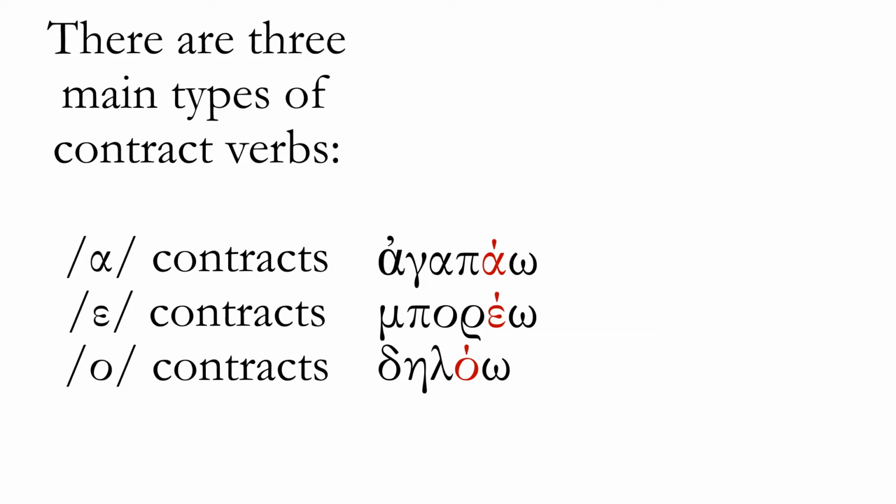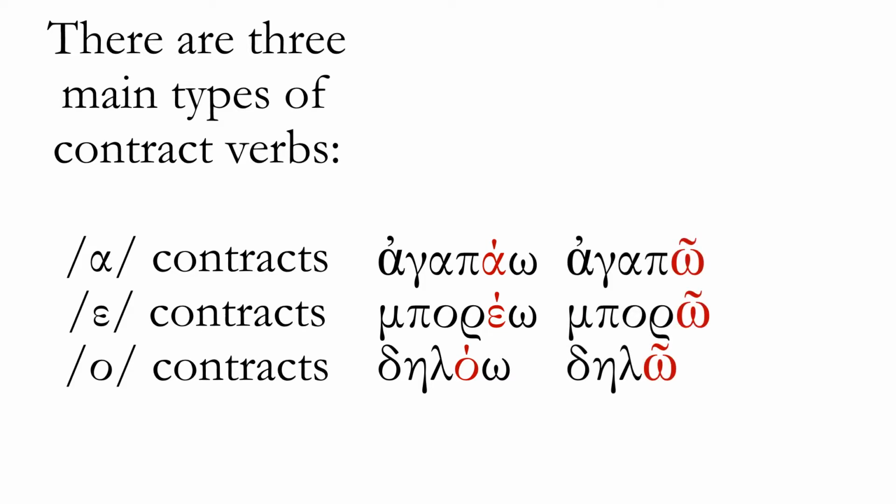That is, the last two vowels have been squished into one. So agapao has become agapo, boreo has become boro, which many of you will recognize as I am able, or I can, or I may. And the law is the law. No real difference in pronunciation there.